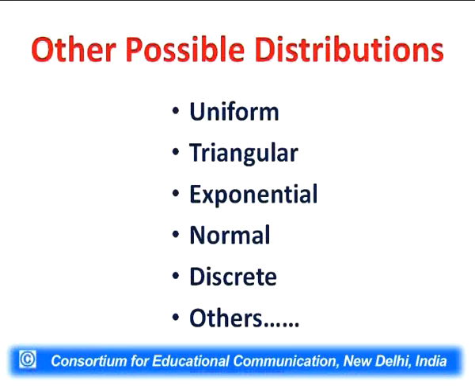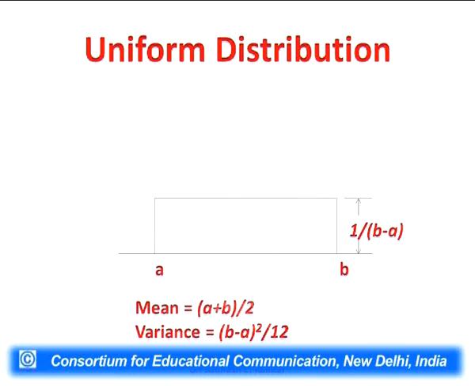There are other distributions which can also be used, but beta distribution is the most appropriate. These other distributions are uniform, triangular, exponential, normal, discrete and others. This is uniform distribution, one value all the time.